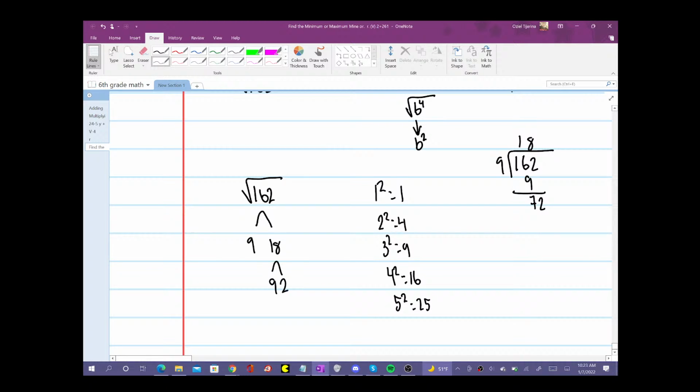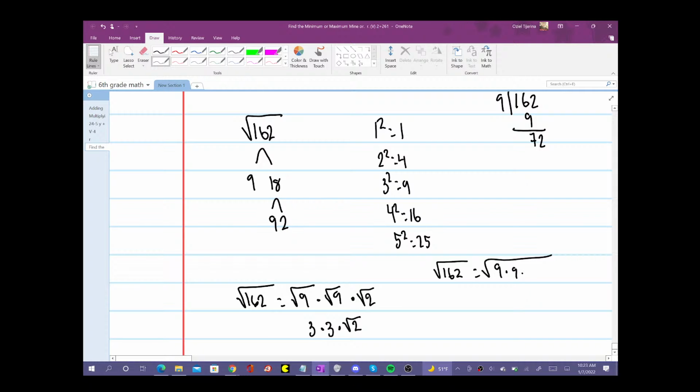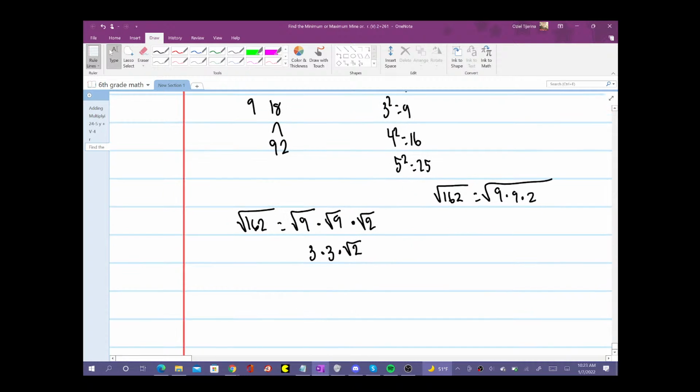This one is 9 times 2, right? So in reality, the square root of 162 equals the square root of 9 times the square root of 9 times the square root of 2, which is 3 times 3 times the square root of 2. The square root of 162 equals the square root of 9 times 9 times 2, which you split up into 3 square roots.